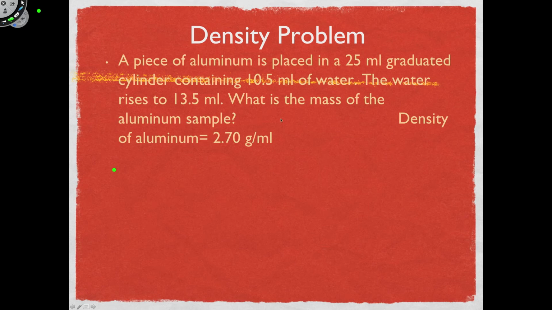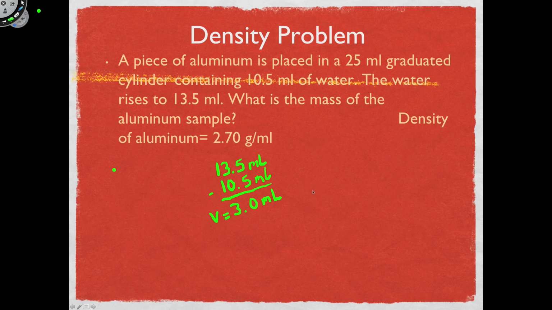Well, the water goes up to 13.5 milliliters. And it started at 10.5 milliliters. So the water rose 3 milliliters. So whatever water was displaced, whatever water rose, that's the volume of the aluminum piece.